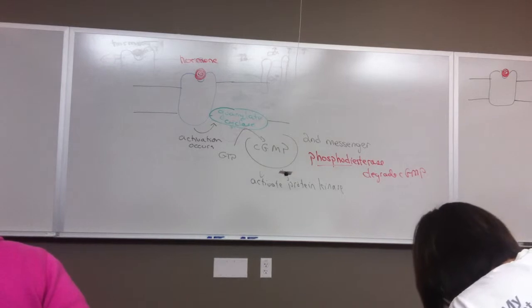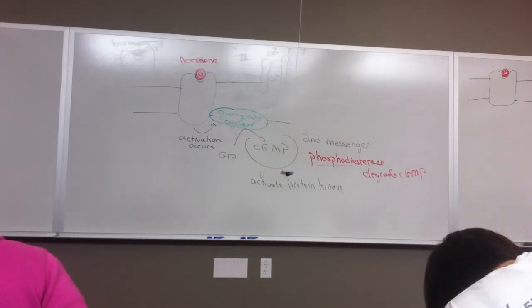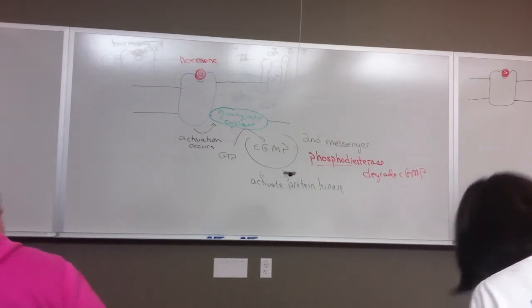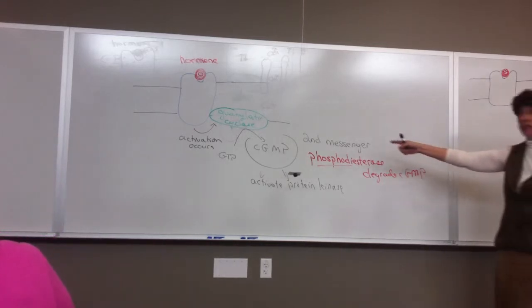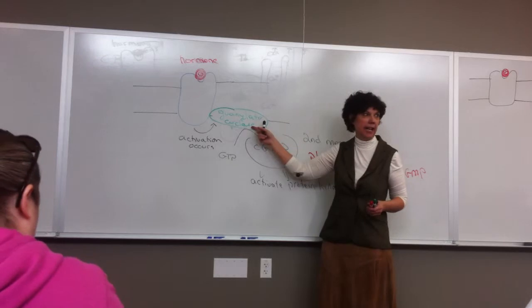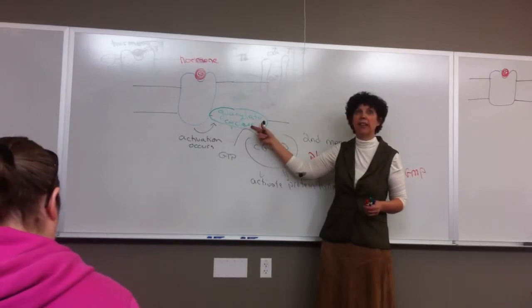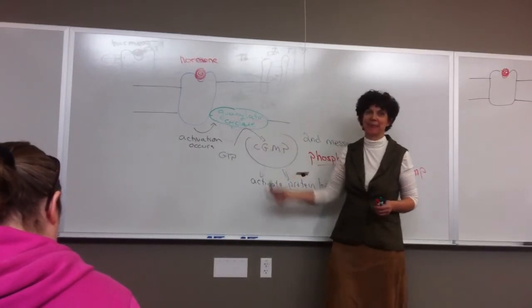So in this particular pathway, we have absent the G protein. We have absent the membrane-bound enzyme. All we have is the receptor. Hormone binds to the receptor.